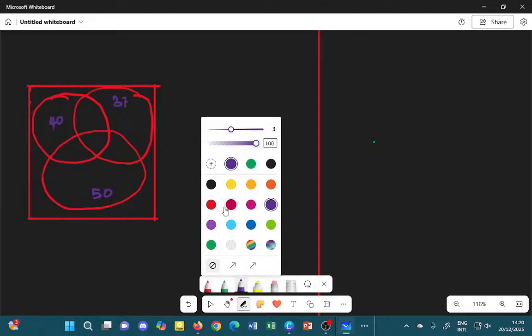For packaging only, we have 50. That is given in the information from the question. And then those who like color and branding only are 0. First, let me label them so that we know what we are talking about.